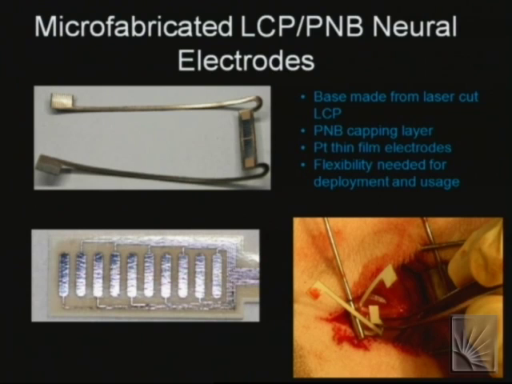I'll skip that set of slides to show you some of the device structures that we've currently made. These are peripheral nerve interfaces here, designed to make intimate contact between platinum electrodes here and femoral nerves and other nerves located in the arms and legs.